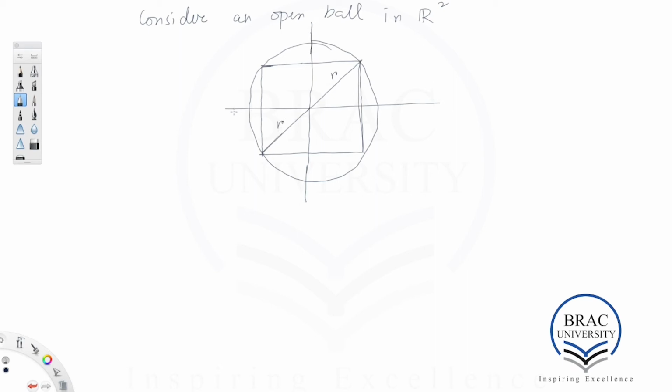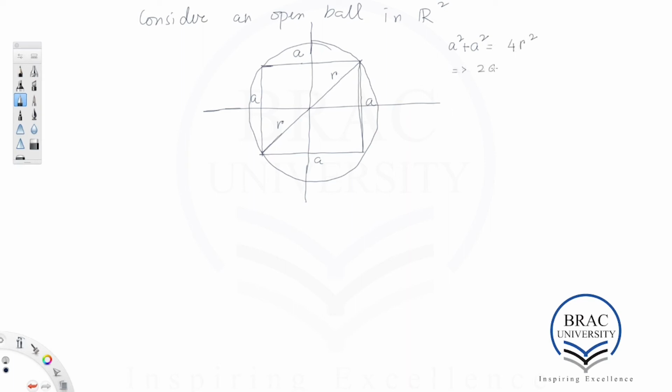Now tell me one thing: if the sides of this square are given by a, then what is the relationship between a and r? By Pythagoras, we know a squared plus a squared is equal to 2r squared, which is 4r squared.